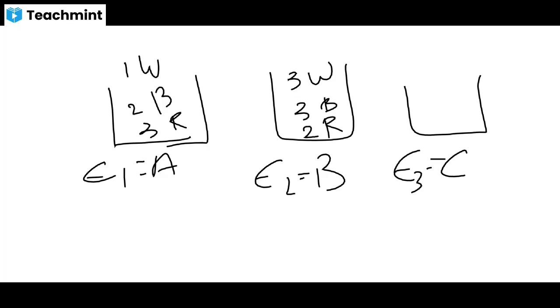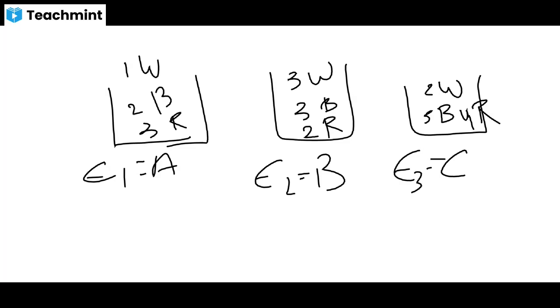The bag C contains 2 white, 3 black, or 4 red. Now see, one bag is selected. That means A can be selected, B can be selected, C also. So the probability of selecting one out of the three bags is 1/3, 1/3, 1/3.